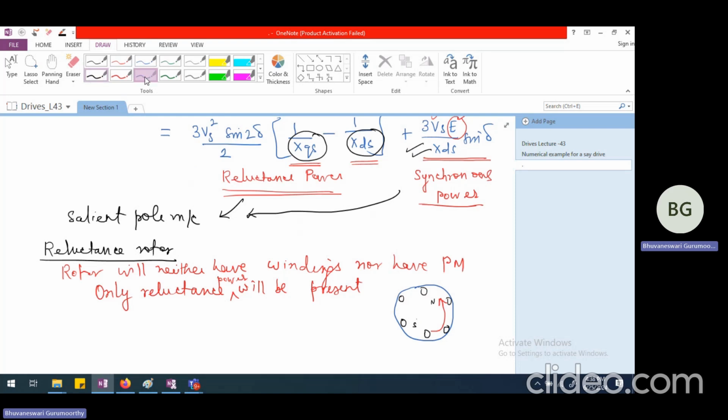Now, as far as the rotor is concerned, the rotor is just like a piece of iron. So we will have this piece of iron being dragged along by this revolving magnetic field created by the stator currents.